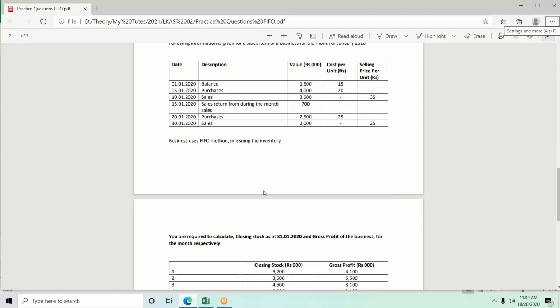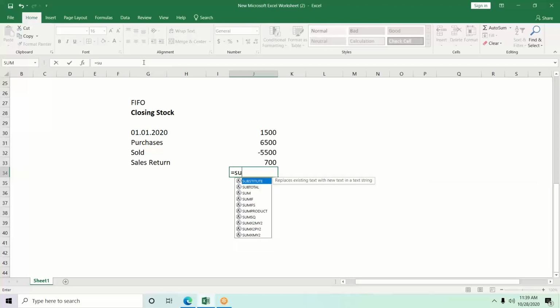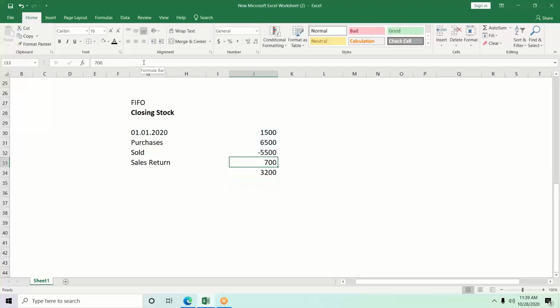And Putha, there was a sales return of 700. Sales made to the customer has been returned, and the sales return will increase your inventory in the store by 700 units. Altogether, how many units of stocks are available? There are 3,200 units. Am I right?